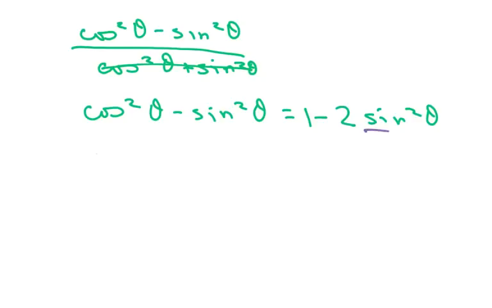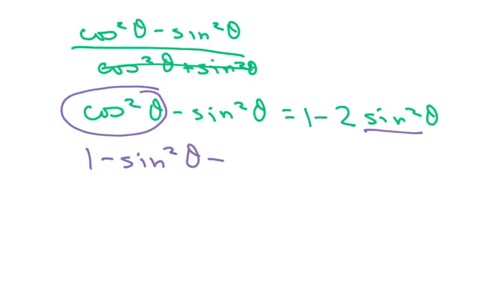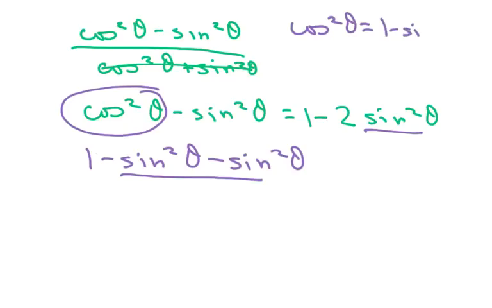This only has a sine in it, so I'm going to write this as 1 minus sine squared of theta minus sine squared of theta. So we have 2 of them. Remember, cosine squared of theta equals 1 minus sine squared of theta. So that's going to be 1 minus 2 sine squared of theta. Okay? That's all. Thank you and have a nice day. Bye-bye.